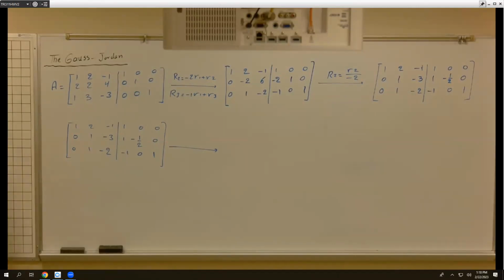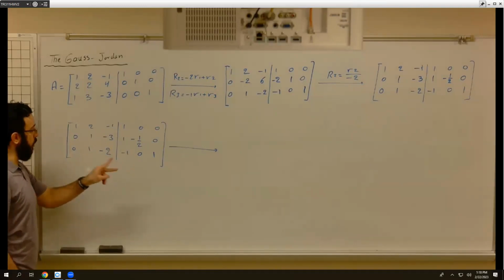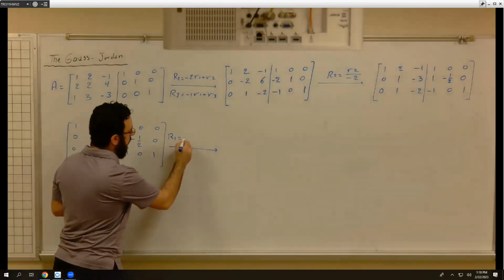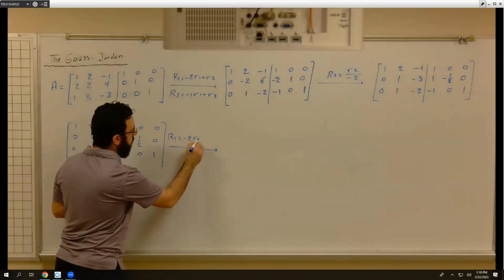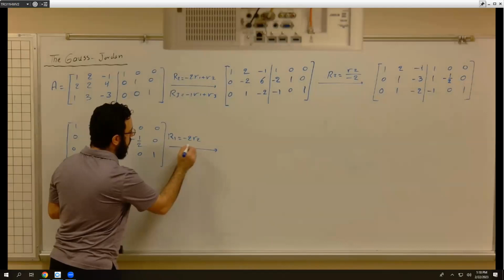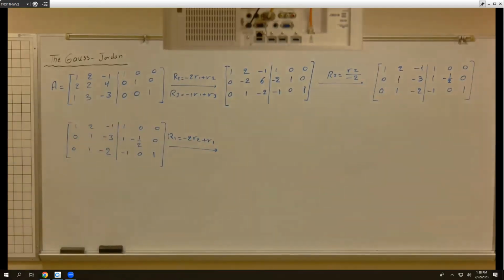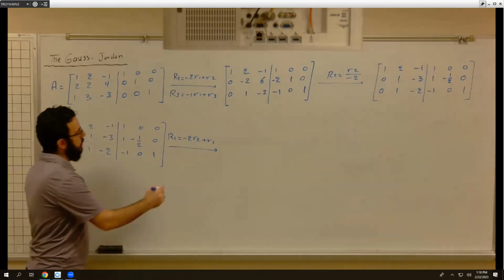Now, which ones do we have to convert to zeros? 2 and 1. I'm going to do 2 operations at the same time. R1, convert this one. I'm going to multiply R2 by -2 and add it here. Let's check that out.